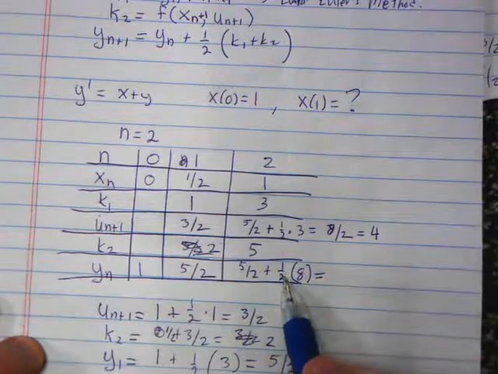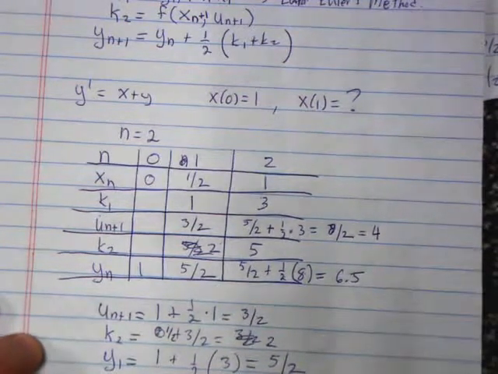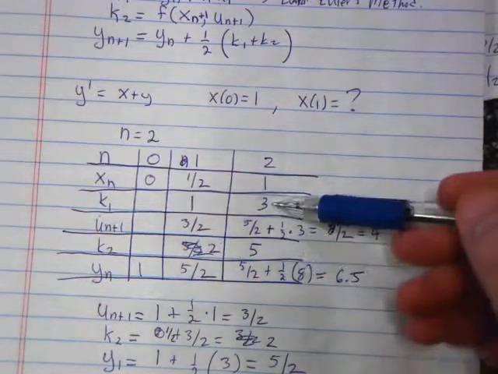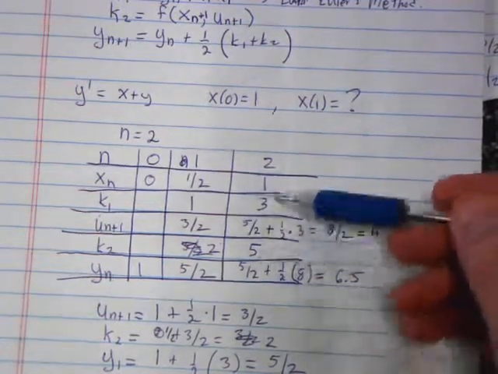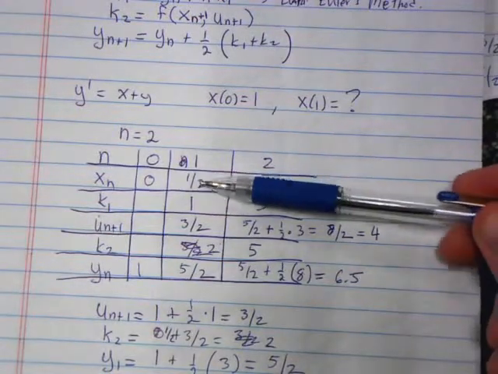That's 4. 6.5, that seems way too big. Did we make a mistake somewhere? It's k1 plus k2. Let's see, yeah, it was 1/2.